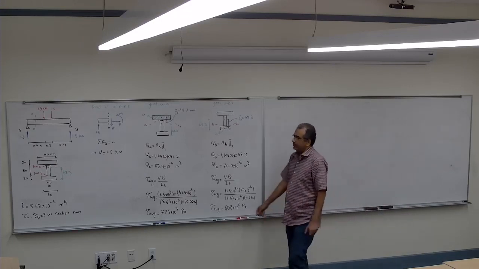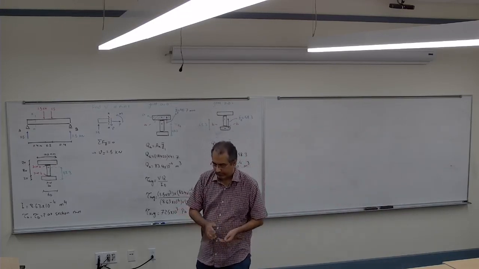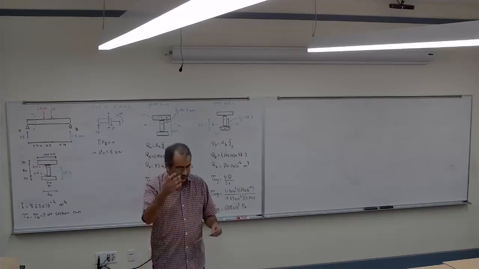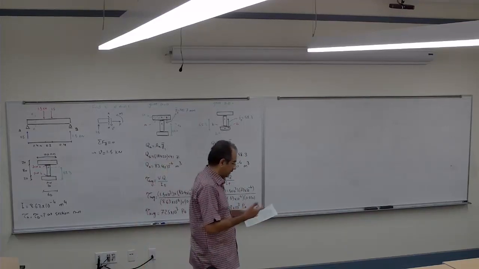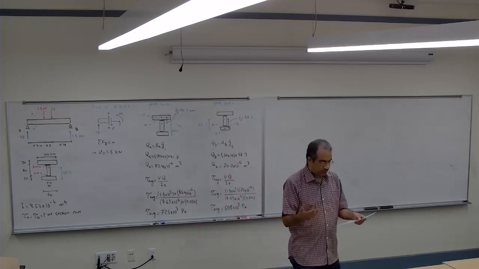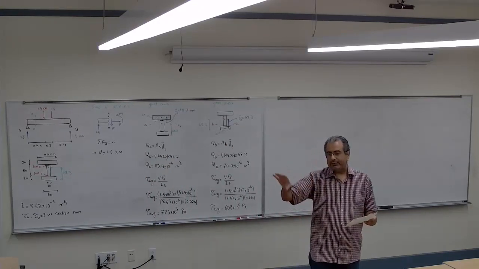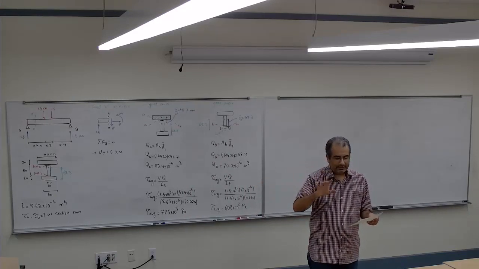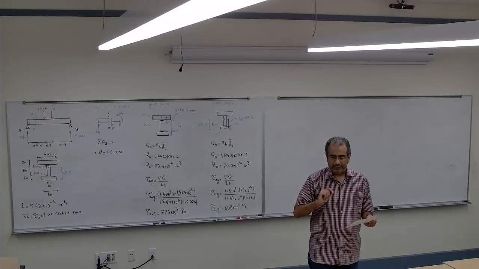The next problem, well, I don't know if we can get through that or not, but the first part of that is drawing the shear and moment diagram. First, let's go and do that. The first problem is actually a design problem. So it's given us a beam and says, okay, go ahead and design that.